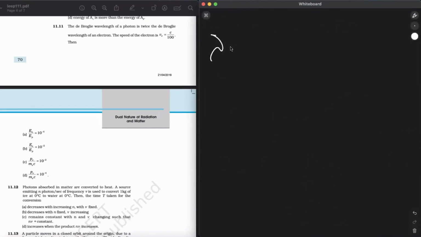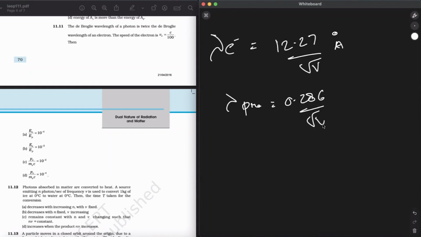These are also ways that we can describe it. So for electron, I can write it as 12.27 upon under root V angstrom, and for lambda proton, 0.286 upon under root V.